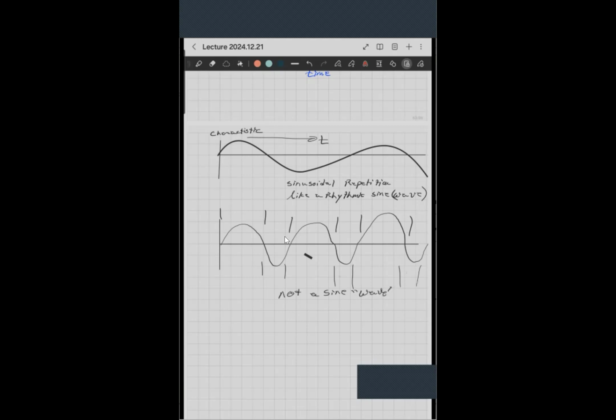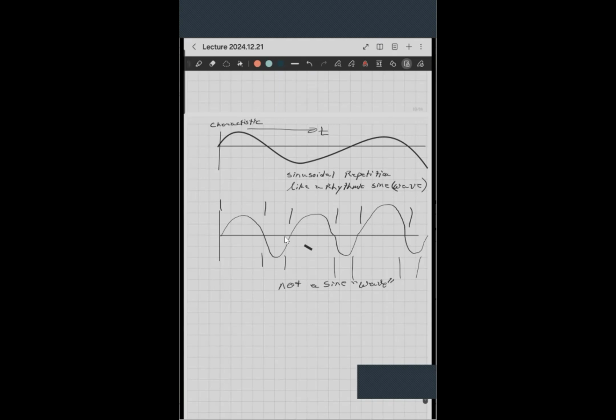It does not have sinusoidal character. It's rhythmic because it repeats over and over again, but it's not a sine wave. It means it has more complex motion to it. If it were a sound, we wouldn't hear a single tone. We might hear something that has more than one tone inside.